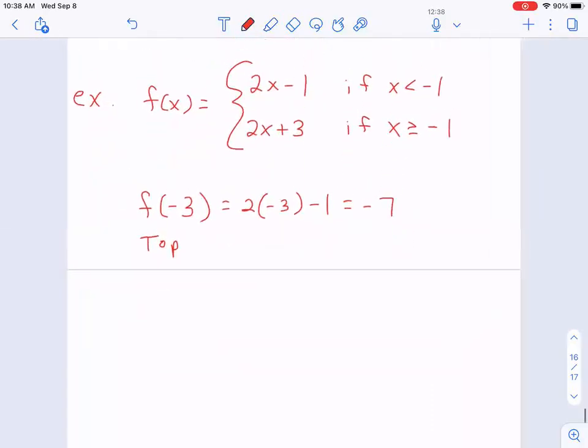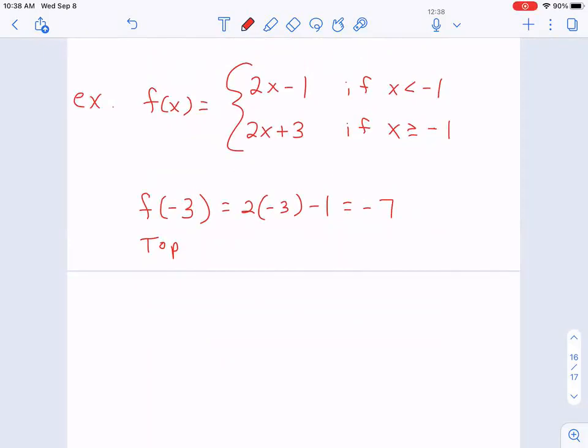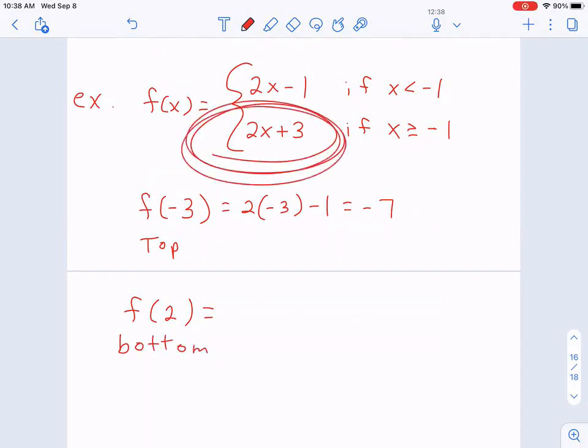But given that if I wanted to find, let's say, f of 2, so now I have to figure out, is 2 less than negative 1 or greater than or equal to negative 1? Well, it's greater than or equal to. So that means I'm going to plug that into the bottom. I'm plugging it into here.